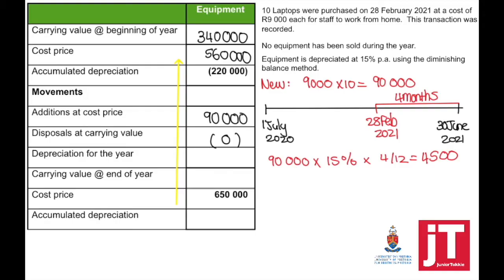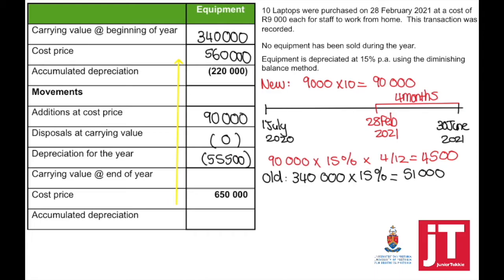Now we still need to calculate depreciation on the old, and to calculate on the old, we need to take the book value, because it says diminishing balance method, that equals 340,000 times 15%.